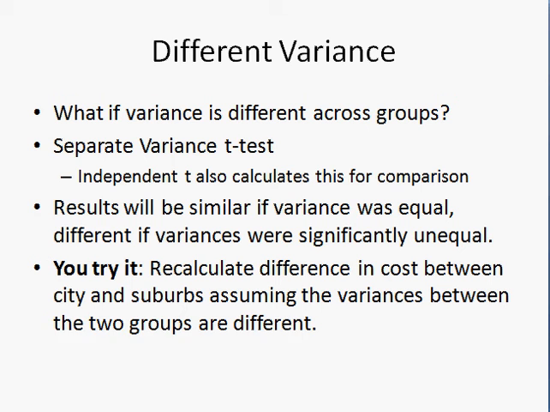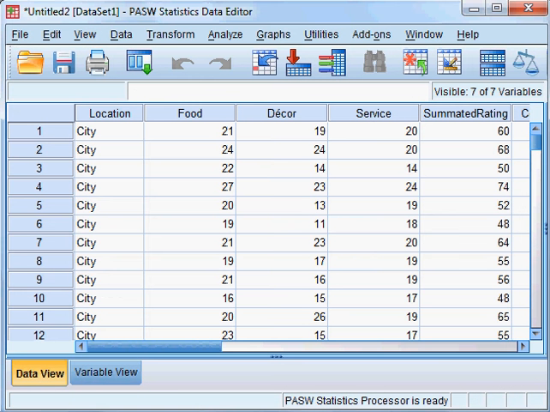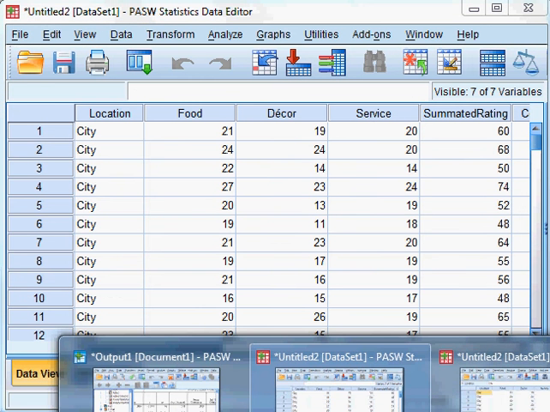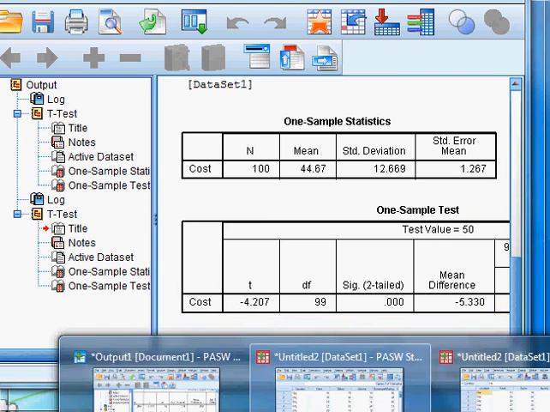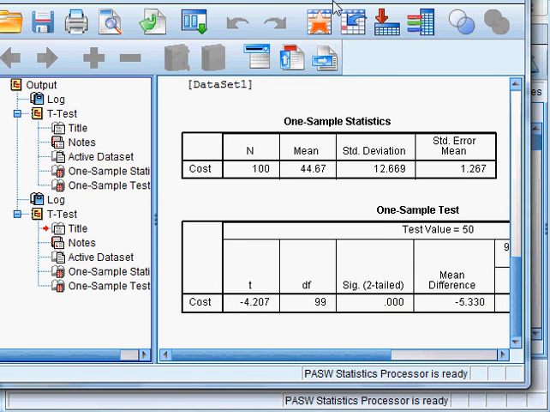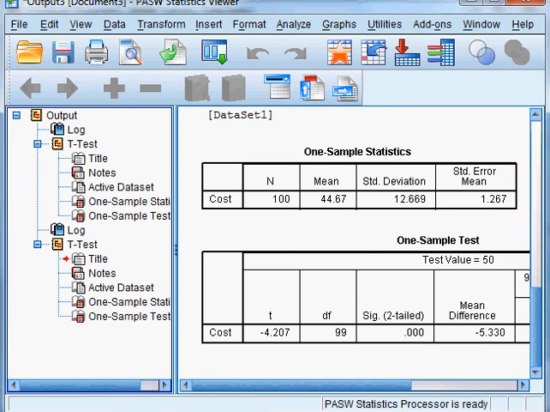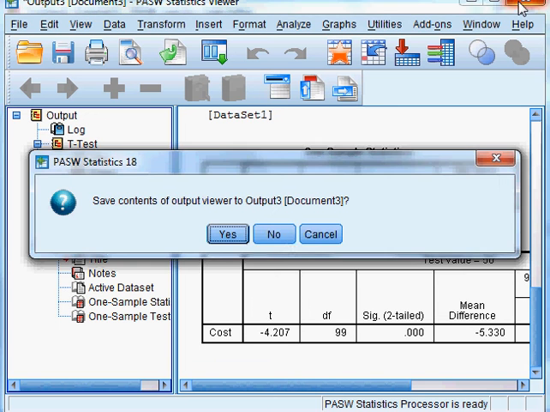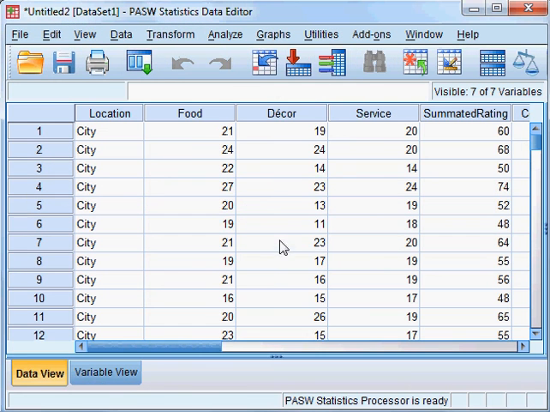Okay, we'll flip back to PASW, and actually, so this, oops, here we go. So there's our output, and oops, wrong one. Let's see, here we go.